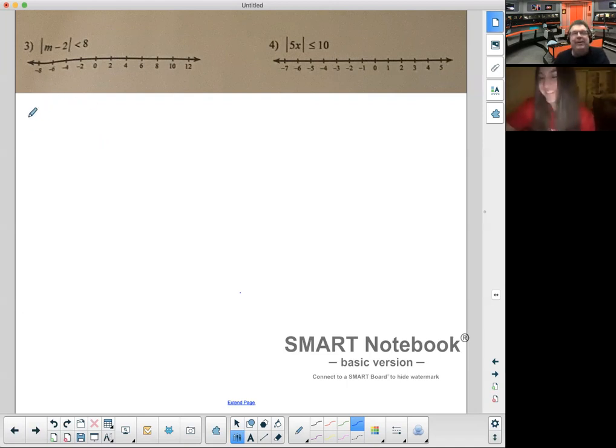Okay, so what are we going to do? m minus 2 less than 8. It's pointing to the left, less than. I don't know if that helps you. So m minus 2 less than 8, and then m minus 2 less than -8. What do we do to the sign though? Oh, we have to flip it the other way. Yep.